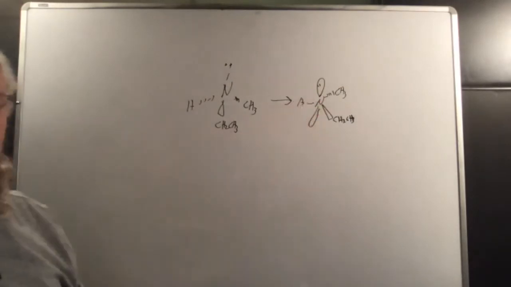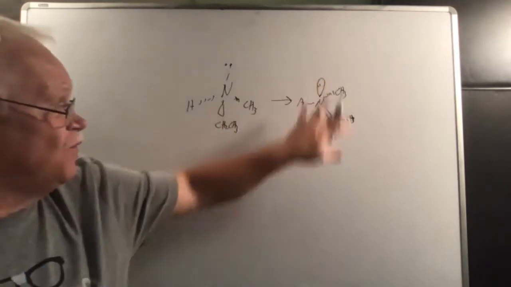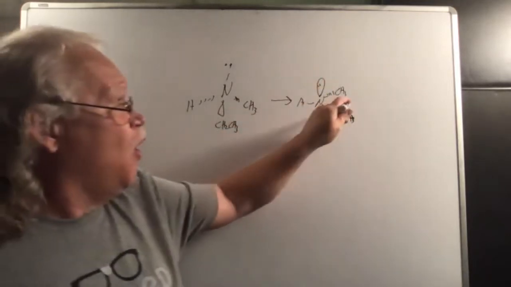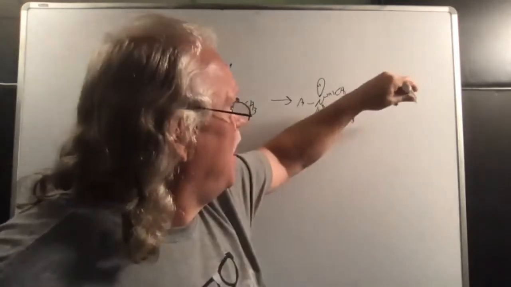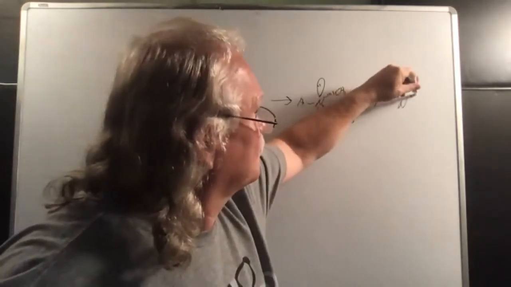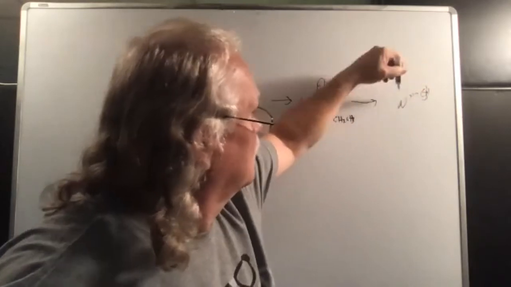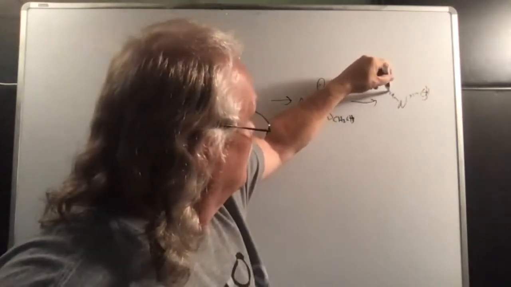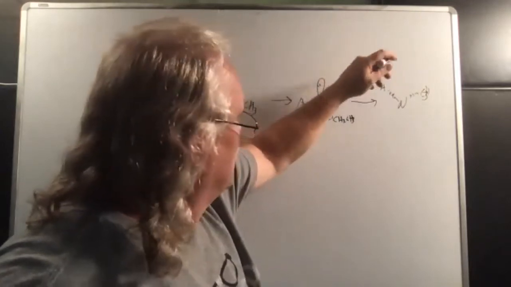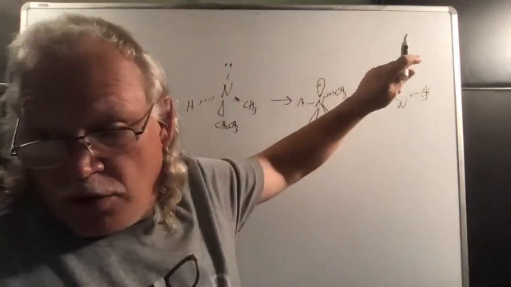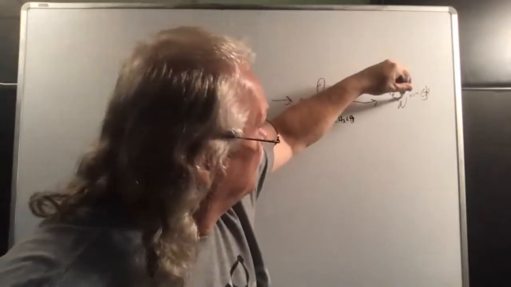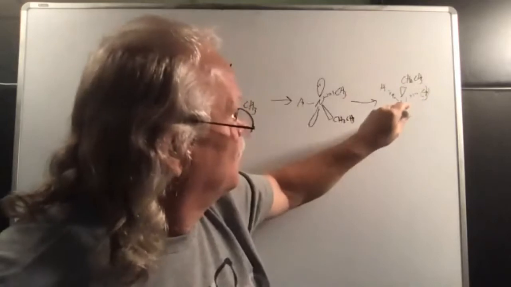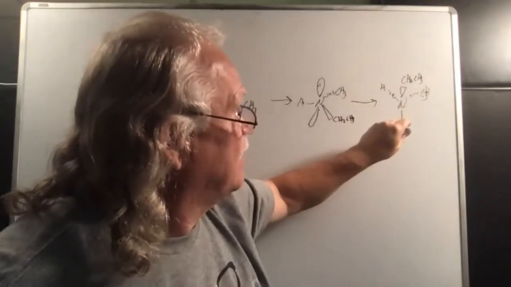Now notice it's flat. Now it could flop back down and become the same thing that it started with, or it could flop up. And let me see how I want to draw that, with the lone pair down here.